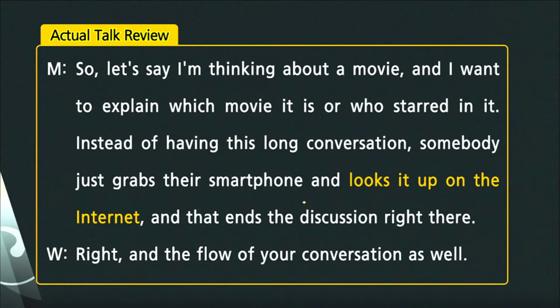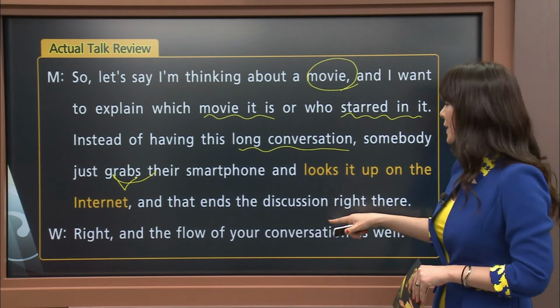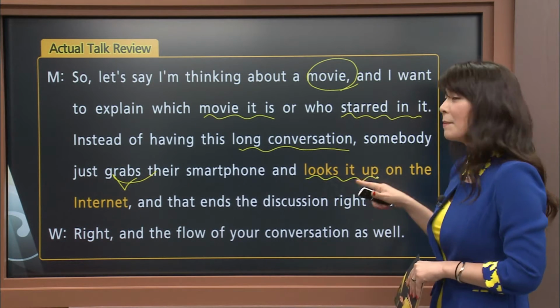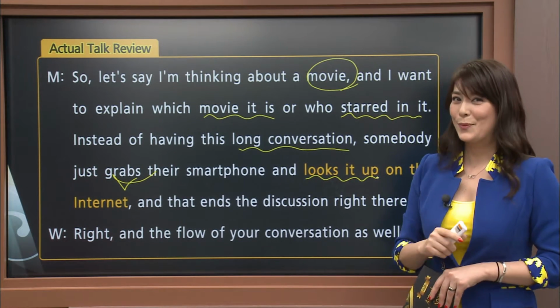Let's move on. He says, let's say I'm thinking about a movie, okay, imagine, and I want to explain which movie it is or who starred in it, okay? Instead of having this long conversation, somebody grabs their smartphone, okay, and looks it up on the internet. So here, once again, we have look something up. It means to do some research.